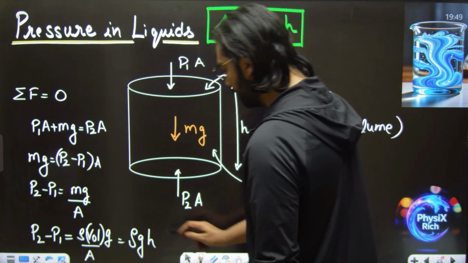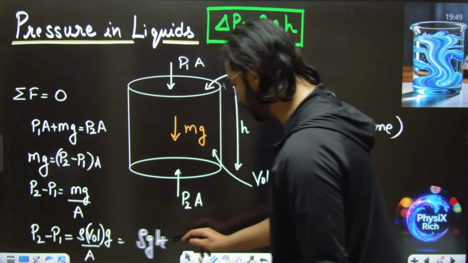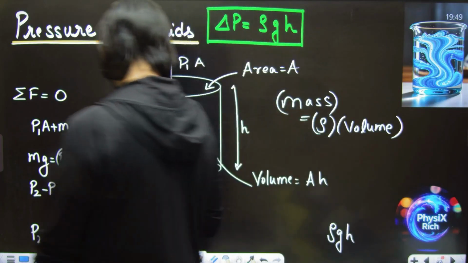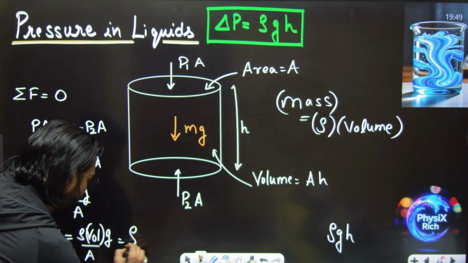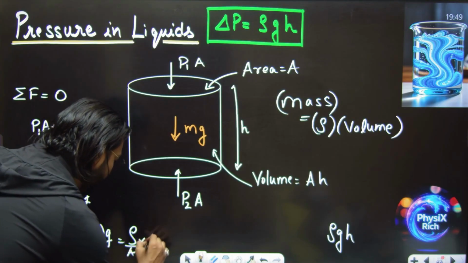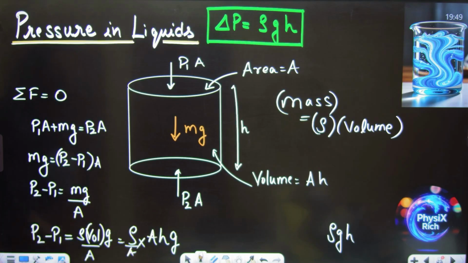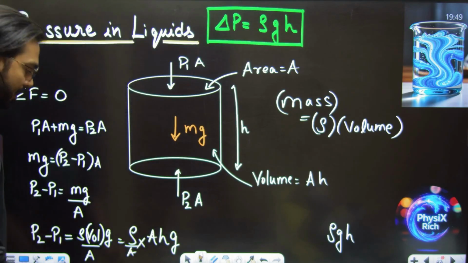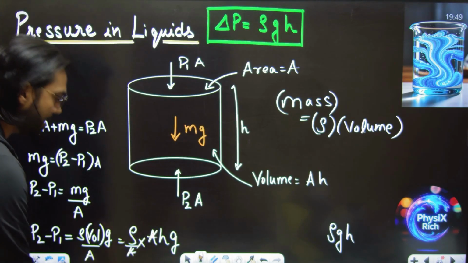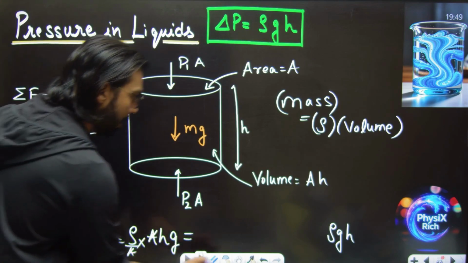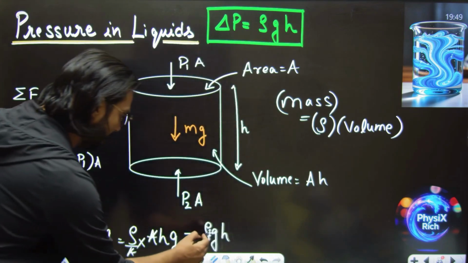Do you see that? In fact, we'll take this over here for a moment. Now, this volume is actually the area times height times, well, the g is just there. G is the acceleration due to gravity. And then we cancel the area, and that, you see, rho hg is then written as rho gh.